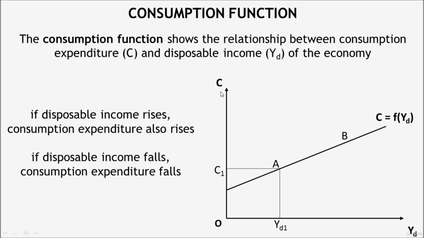And at point B, disposable income is YD2 and consumption expenditure is C2. If we move from A to B, disposable income rises from YD1 to YD2 and consumption expenditure rises from C1 to C2. Clearly, the relationship between disposable income and consumption expenditure is positive.